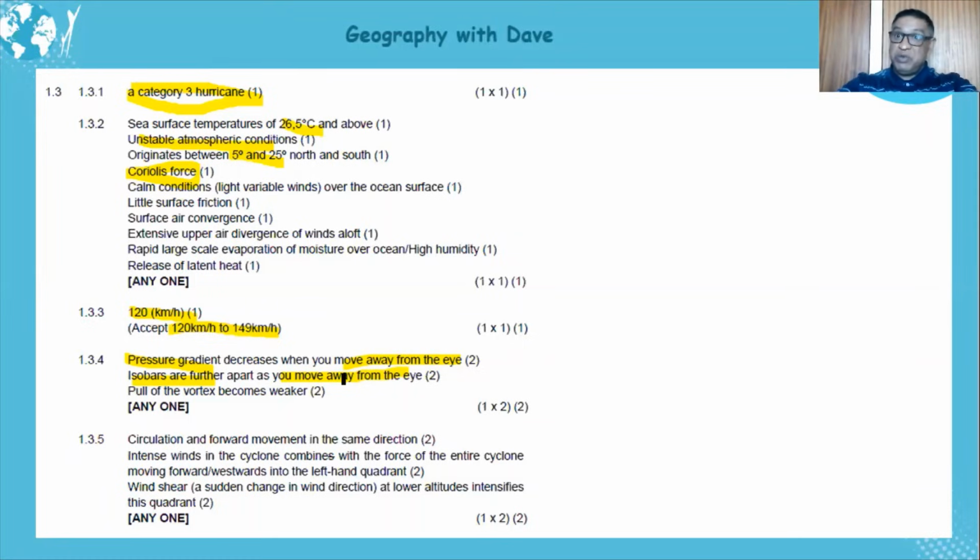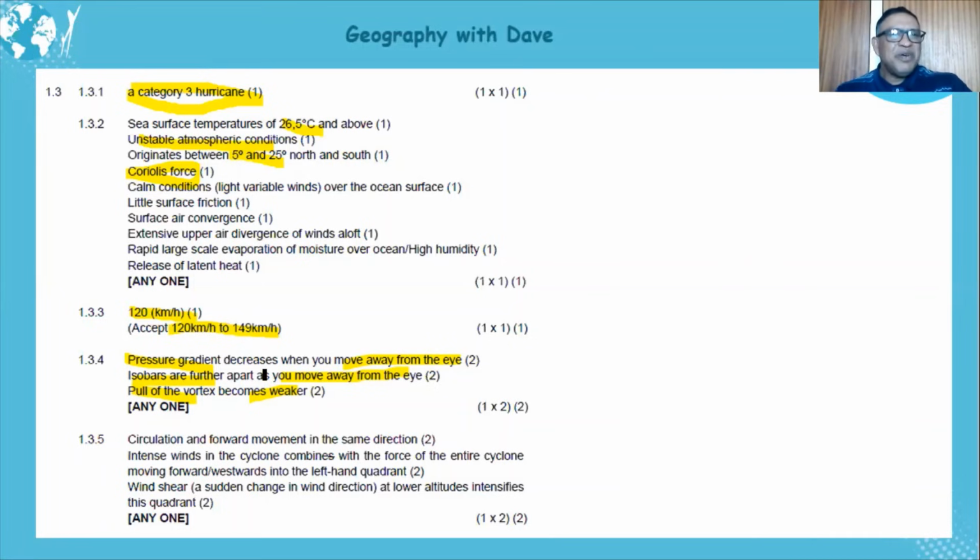But I'm not going to worry you with all that, because now you feel very scared of geography. That's the full explanation, but the examiners have simplified it with concepts you are familiar with. The pull of the vortex becomes weaker because air rushes towards the eye, and as you move away, obviously the pressure will increase compared to the eye. Can you see? So simple answers.